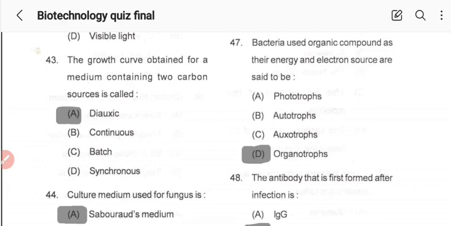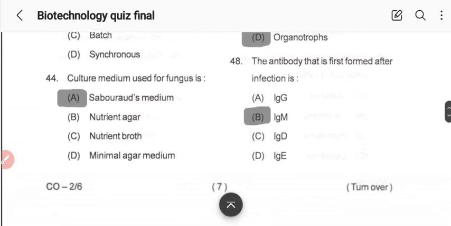They are using organic compounds. Then next question is 48. The antibody that is first formed after infection is what? IgM. IgM is the first antibody which is formed. This is pentameric IgM.